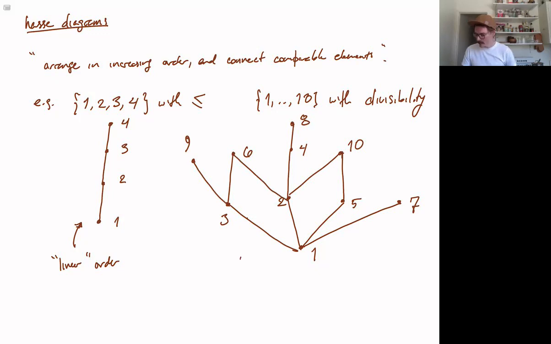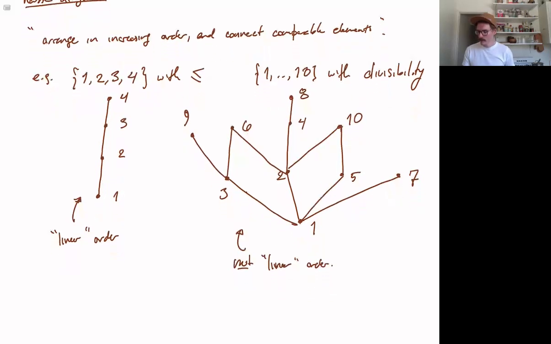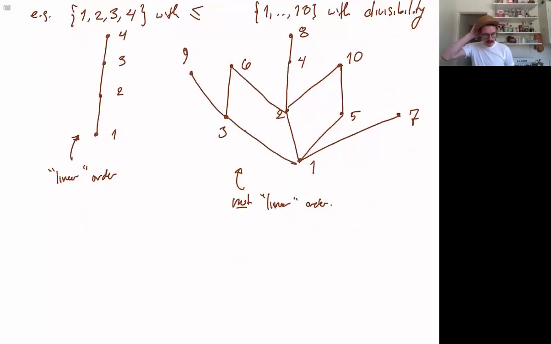And you can see this is emphatically not a linear order. So here is a way of describing the Hasse diagram more rigorously, which will connect it to the things we were talking about last time more precisely. Say an element y covers an element x.